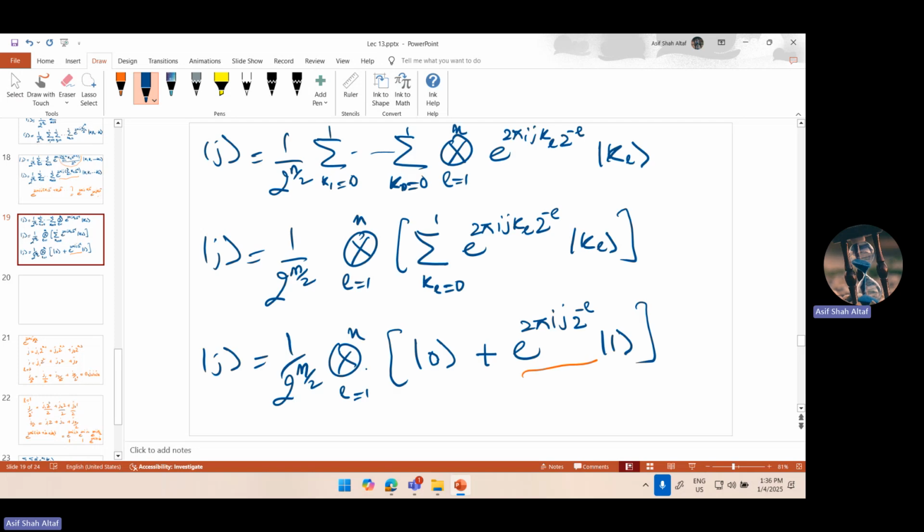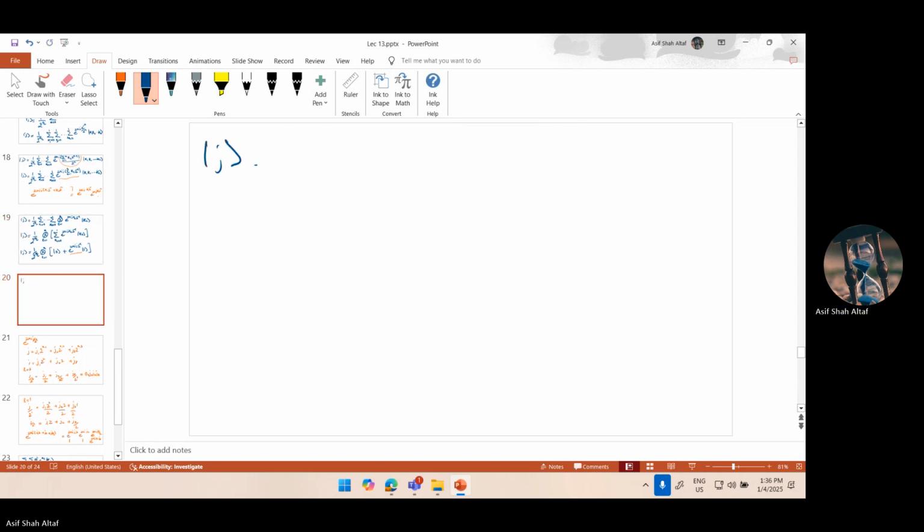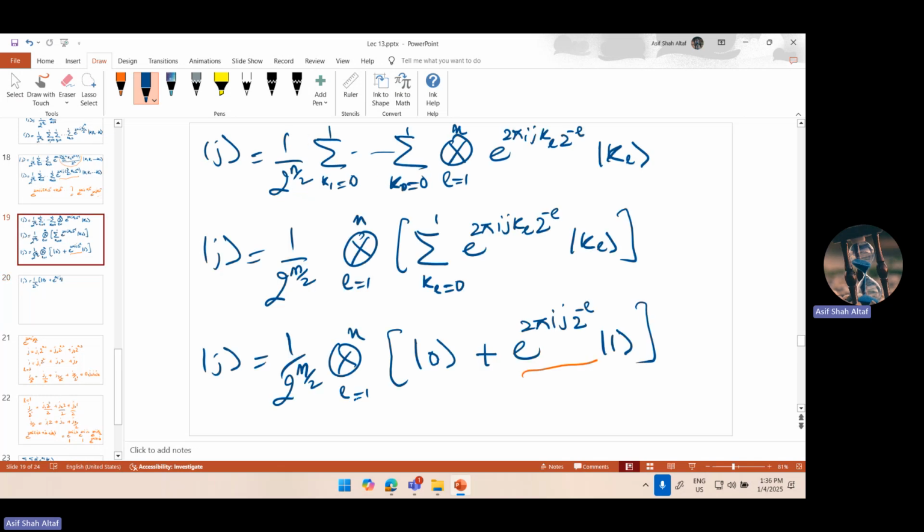So if we now try to open up this product, the first term will be e to the power 2 pi i j by 2L, for L equal to 1.